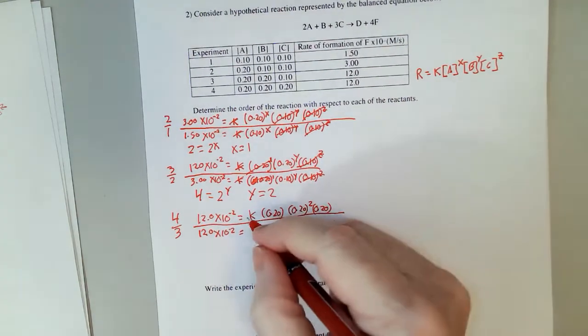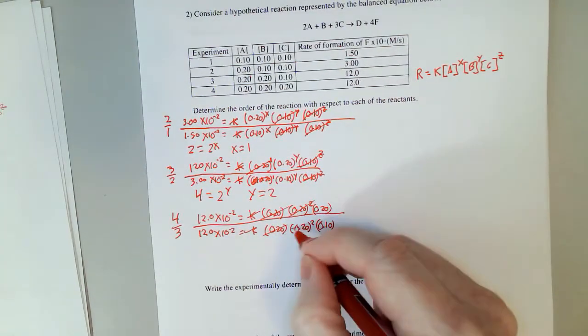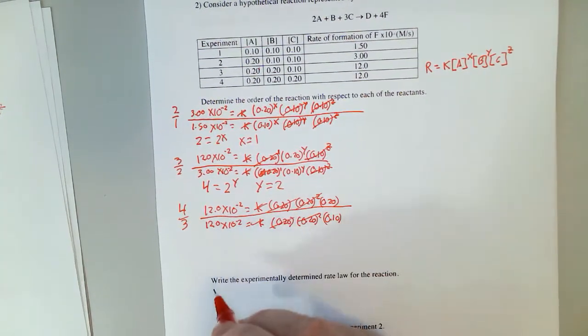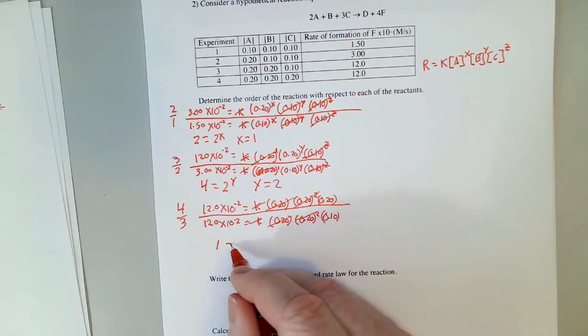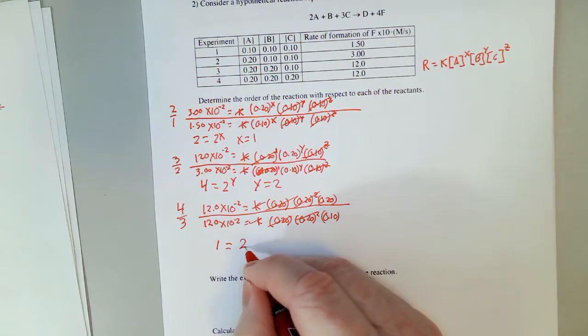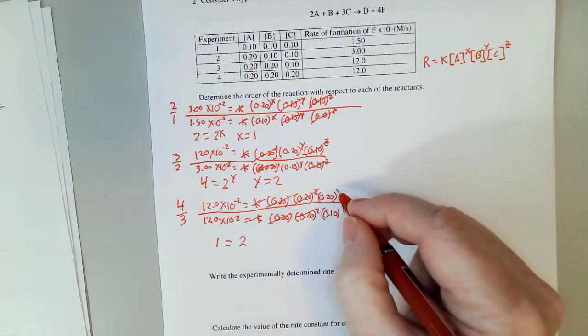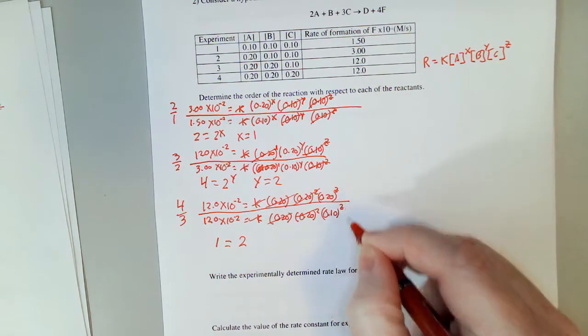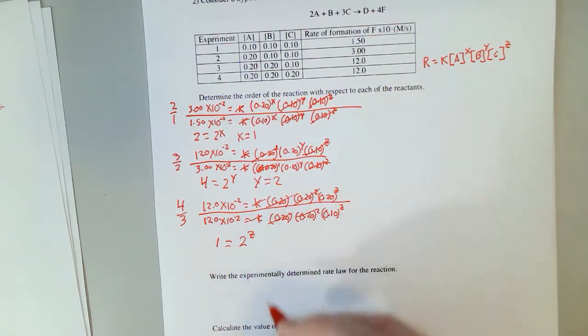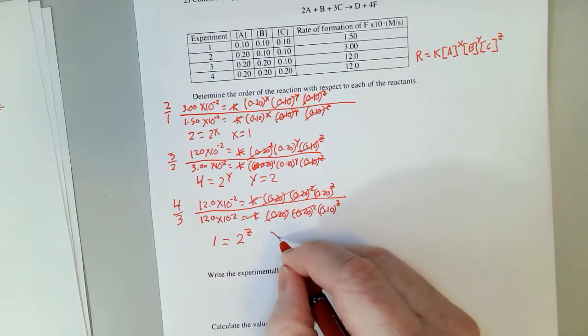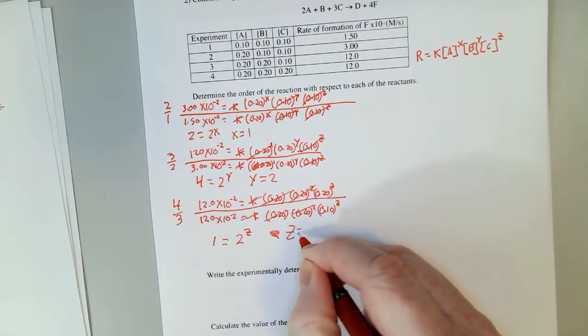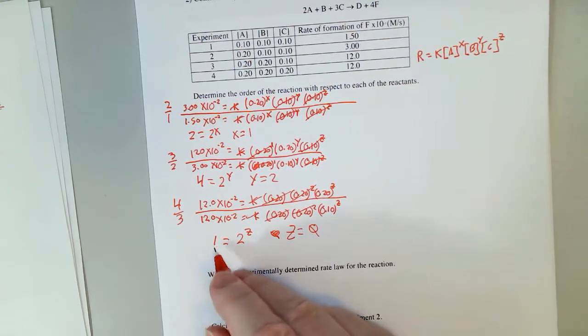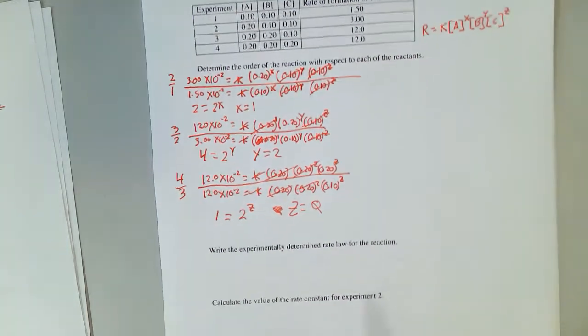All right, so the k's cancel. These cancel and these cancel. This over this is 1. 1 equals 2 raised, sorry, I forgot to put the z's in there, to the z. That means z has got to equal 0, because anything to the 0 is equal to 1.